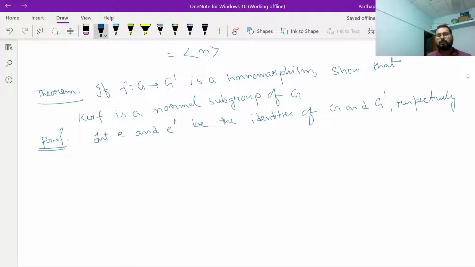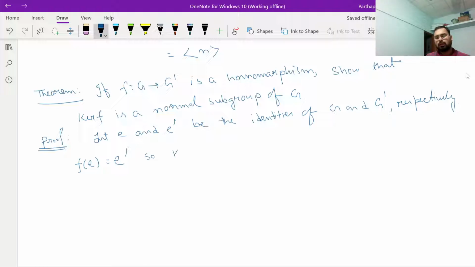Okay, so there is a property of homomorphism that a homomorphism carries the identity element to the identity element. In the next video we are going to discuss the properties of homomorphism. In this video we will show how a homomorphism carries the identity element to the identity element. That means the image of the identity element is the identity element in the codomain. Therefore f of E is equal to E dash.